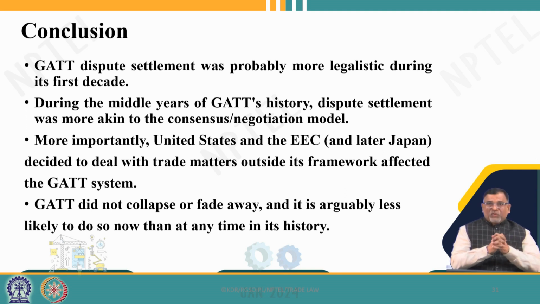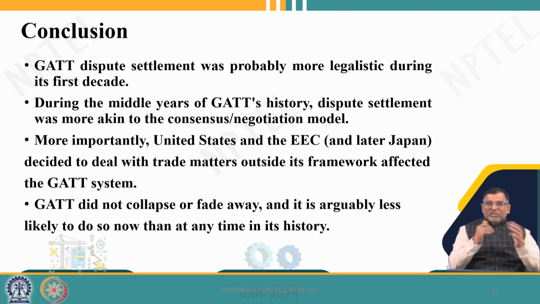And it was successfully done mainly because the GATT used alternate dispute settlement mechanisms, negotiations, mediations, and finally the panel reports. You can say that it is something like arbitration, and finally adopted by the GATT Council.